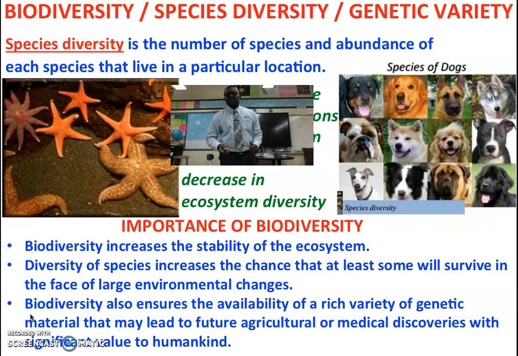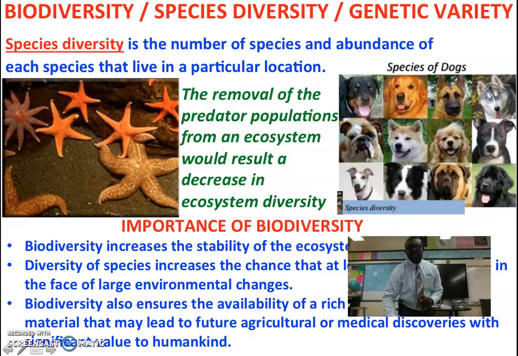When you remove organisms from an environment, for example the removal of predator populations from an ecosystem, it would result in a decrease in ecosystem diversity, because we are removing a group of organisms.